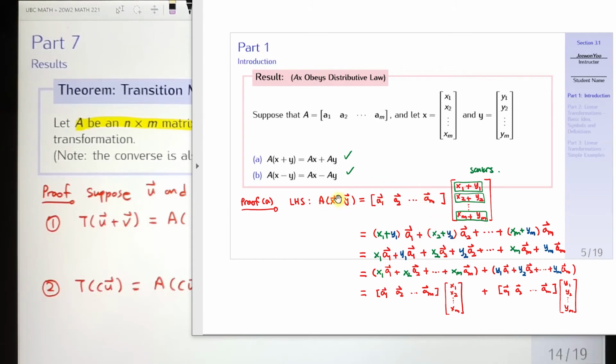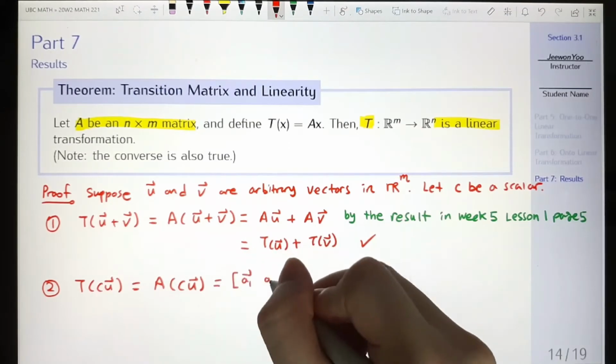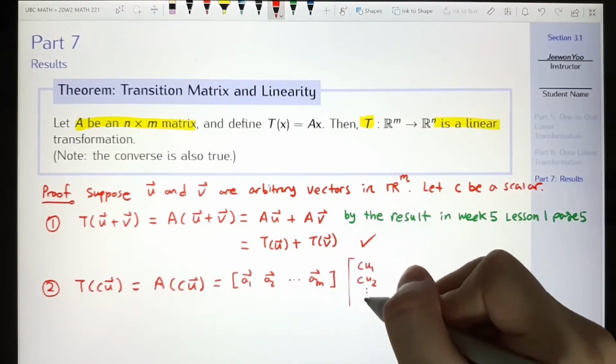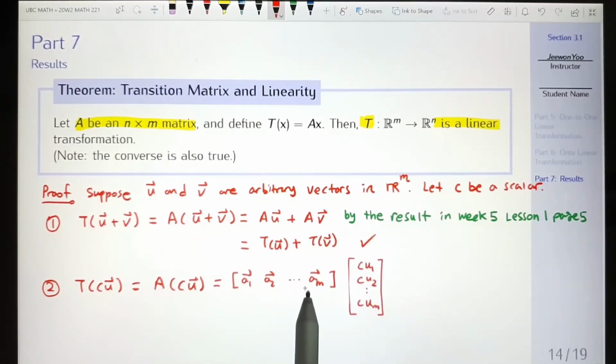A times the vector means we have matrix A that looks like this, multiplied by the vector in this form. And each entry is a scalar, right? Look at this, everyone. A times CU is nothing more than matrix A times the vector C times U1, C times U2, up to C times UM.